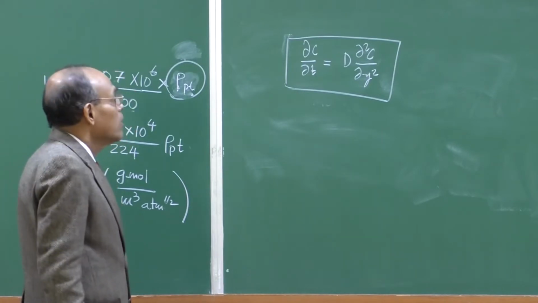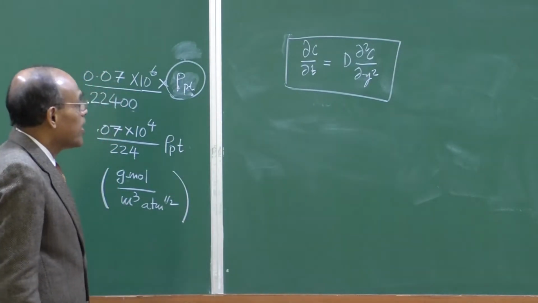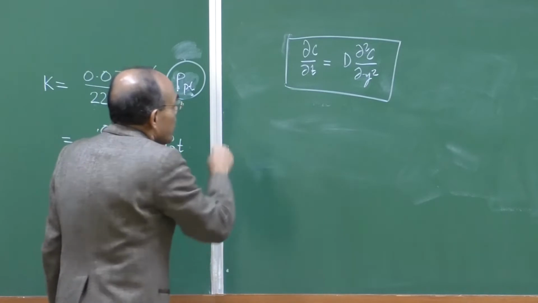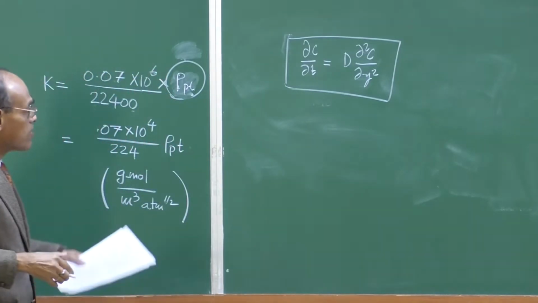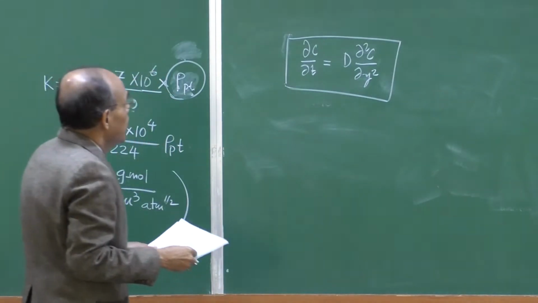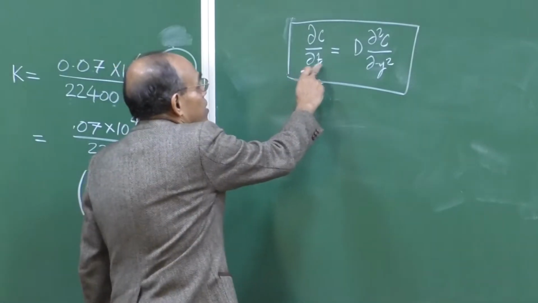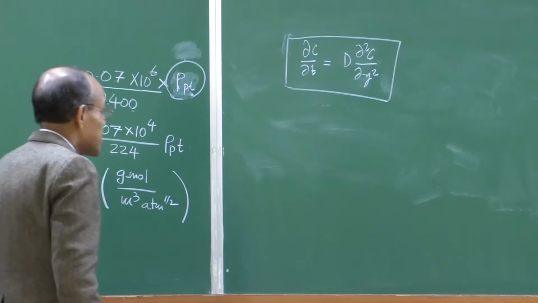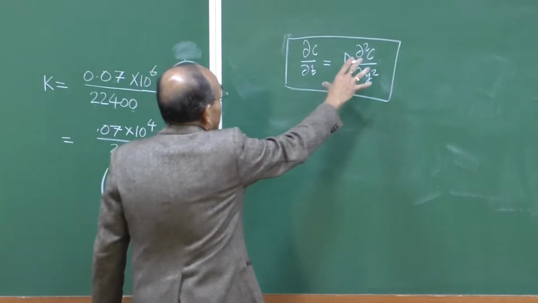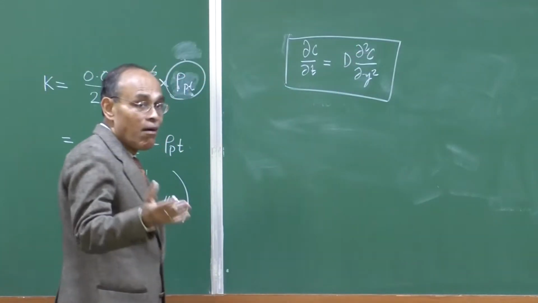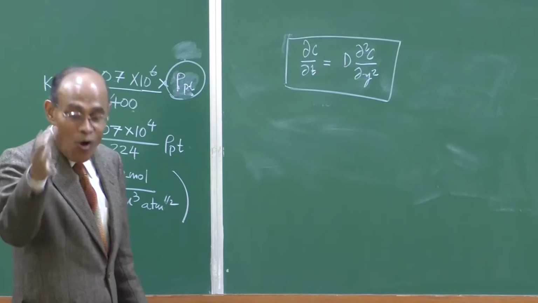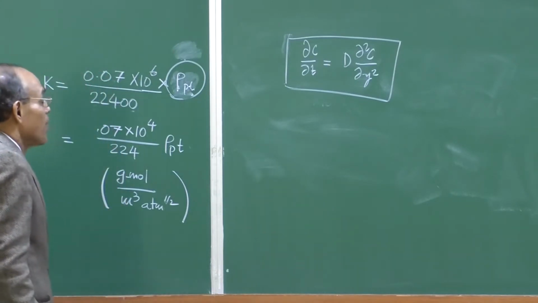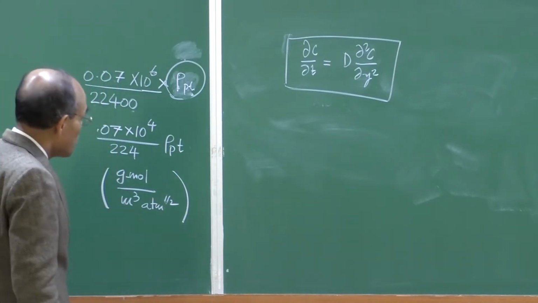But before that, I would like to tell you that when I have written this equation in Cartesian coordinate system, I could write also this equation in cylindrical as well as spherical coordinate system. Okay? Only this parameter is going to be changing, either having a 1 by r term or having a 1 by r square term, depending on the coordinate system that you use.